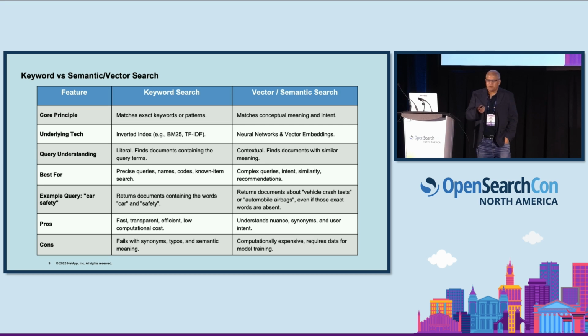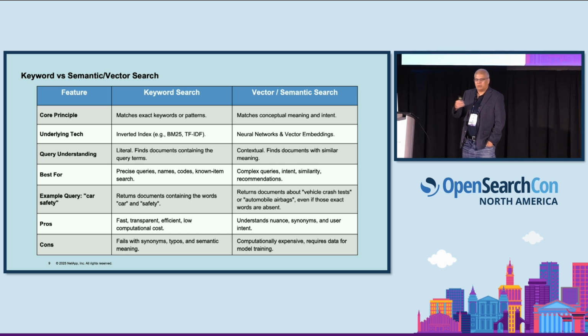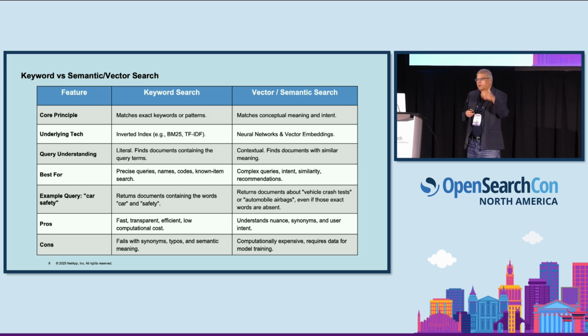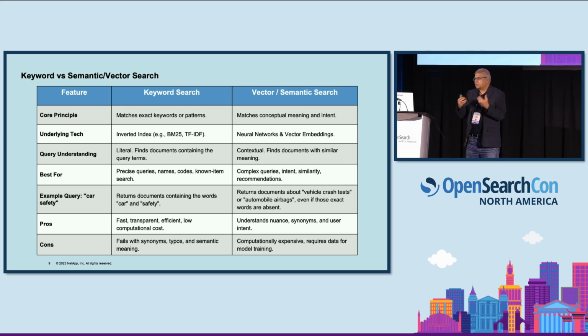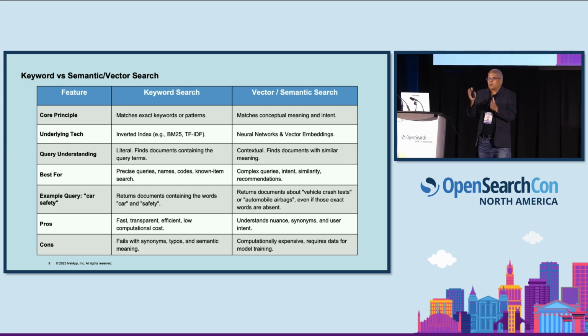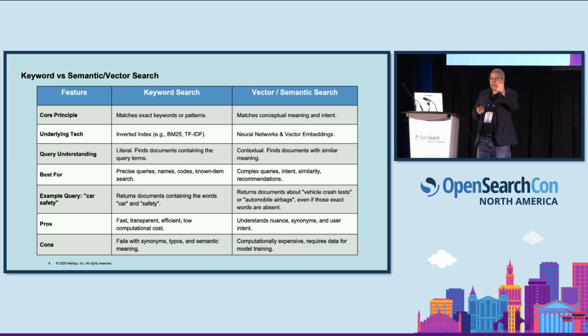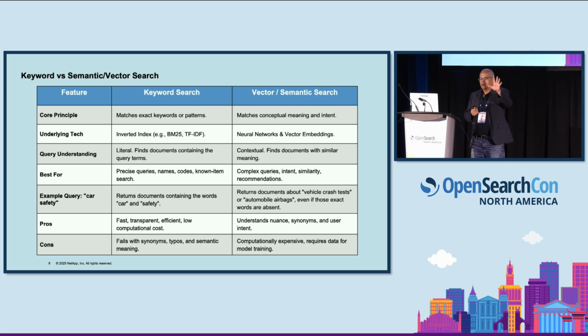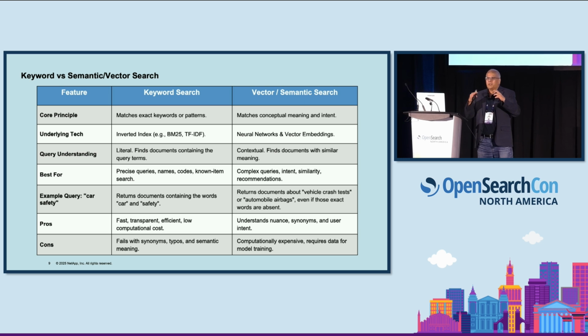Everybody has heard about keyword search, okay? When we search in a Word document or Google, we provide a keyword and it finds everything related to that keyword. We are introducing something new, which is vector or semantic search. I just wanted to quickly compare those two. Keyword search matches exact words. If you are searching for a Toyota, it'll look for the word Toyota. Vector search or semantic search will go beyond that.